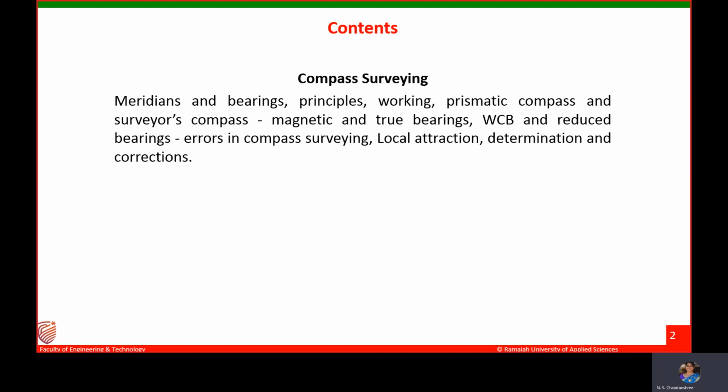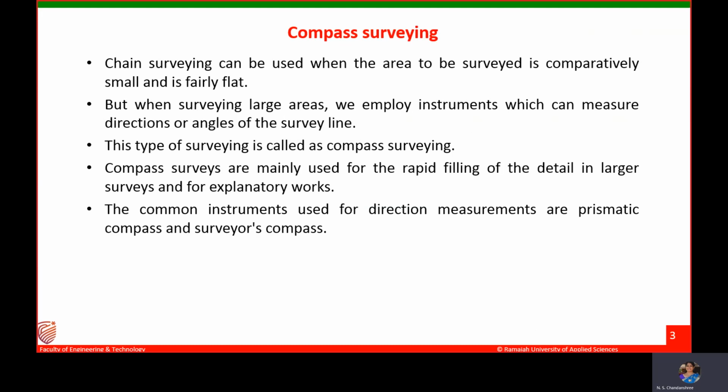Then we'll understand the two different systems of recording the bearings: one is the whole circle bearing system and the other is the reduced bearing system, also called the quadrantal bearing system. And in the further topics, we'll also discuss local attraction and errors in compass surveying.